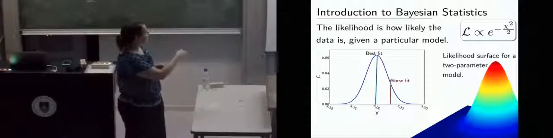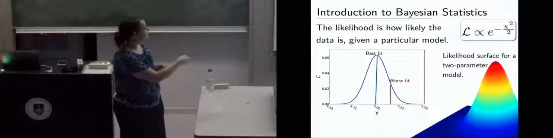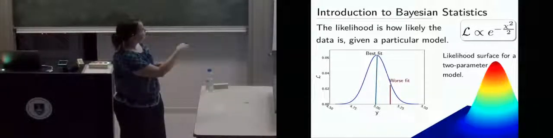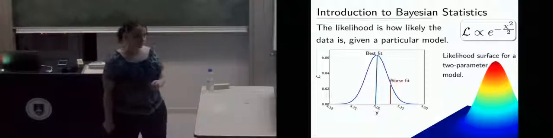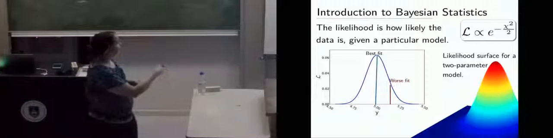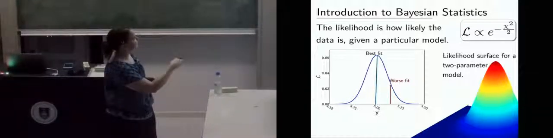So for example, this is what the likelihood function might look like as a function of some parameter, y. And I'm saying that where the likelihood is maximized, I get the best fit to my data. If I move a little bit away, I get a worse fit. But you see that there's always some amount of uncertainty, right?